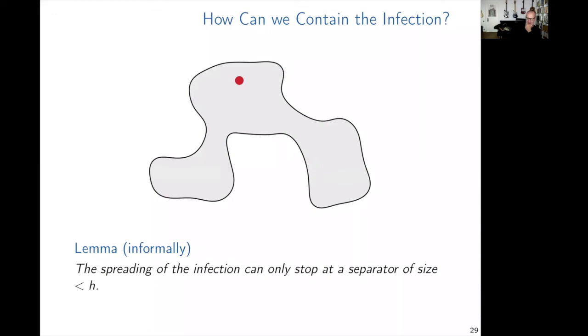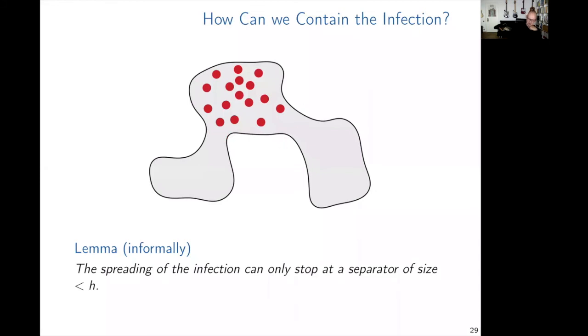But sometimes we can contain the infection, so it stops, like here. Okay, so it spreads, but then at some point it stops. And the lemma we prove is that the infection can only stop at separators of size strictly less than h. Okay, so here we have these small separators.